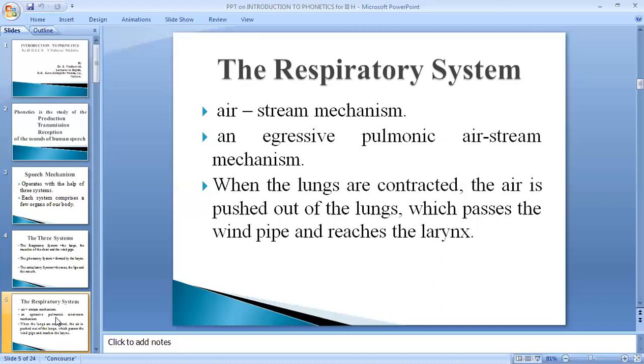That is, the air is pushed out of the lungs. We know that the lungs are very spongy, elastic sacs which can expand and contract. When the lungs are contracted, the air is pushed out of the lungs, which passes the windpipe and reaches the larynx.